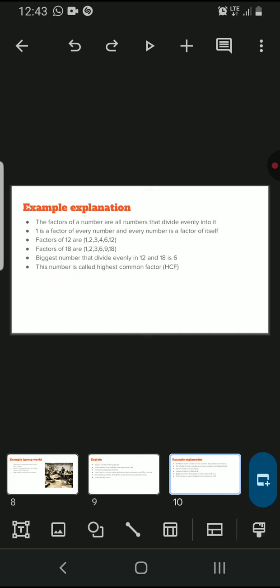Factors of 18, we list the factors of 18. Then from there, we spot which is the biggest number which went into 12 and 18. It was 6. Therefore, this 6 is the highest common factor or greatest common divisor.